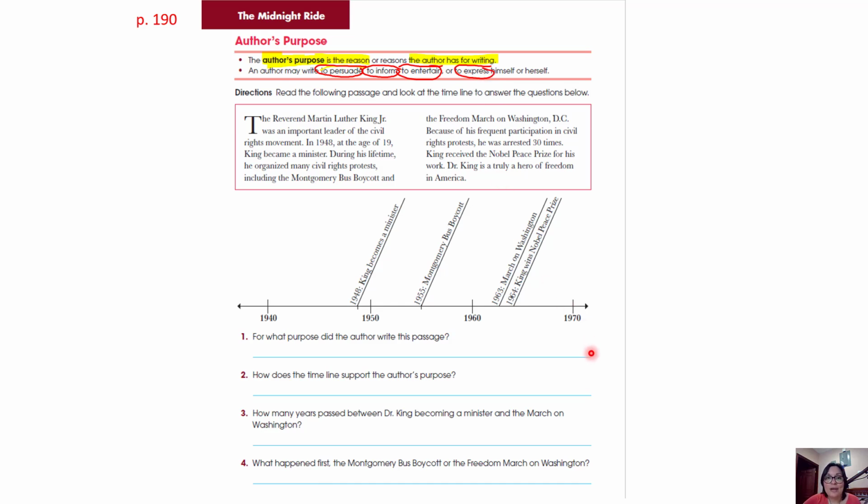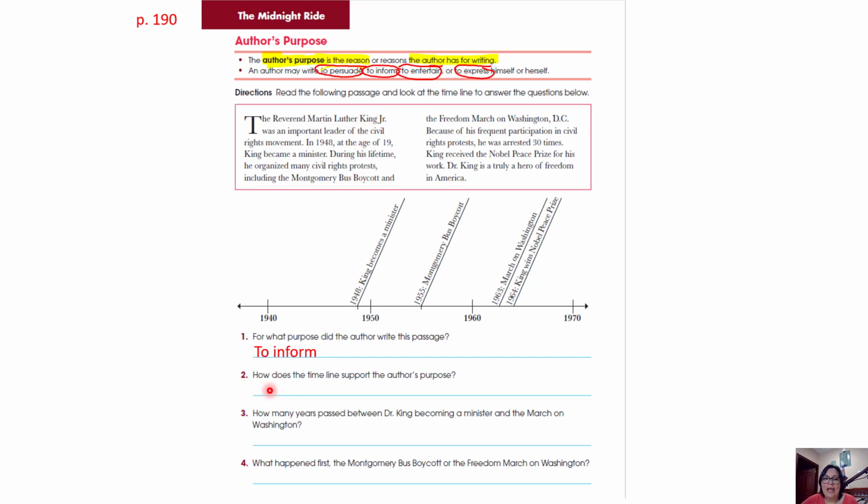So it was trying to inform you about what? About the life of this man, Reverend Martin Luther King Jr. Okay, so the purpose was to inform about the life of Martin Luther King.